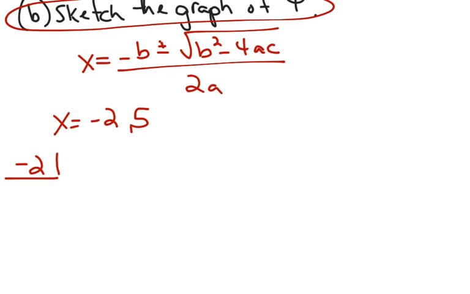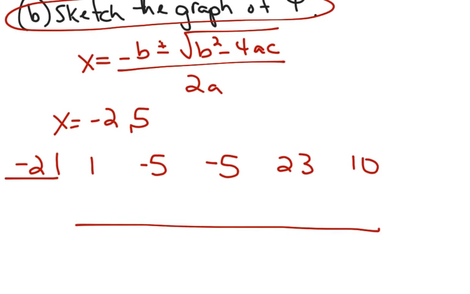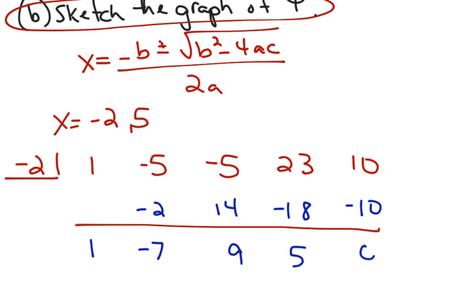So the original polynomial was 1x to the 4th minus 5x cubed minus 5x squared plus 23x plus 10. So we drop the first number, negative 2, add down, multiply, make sure you don't make that negative, add down, multiply, and you get 0.